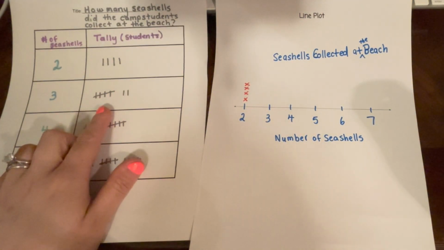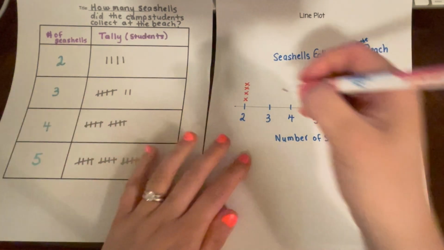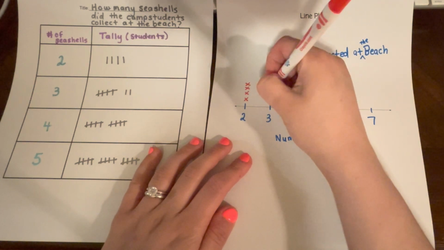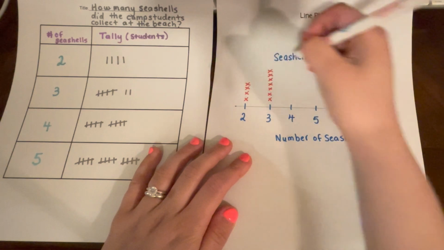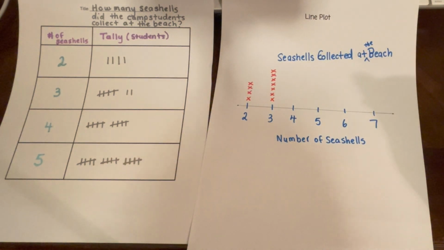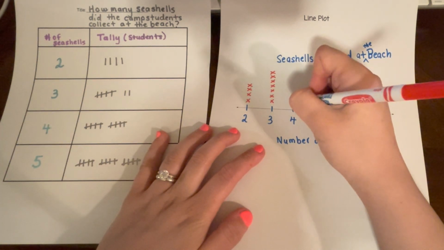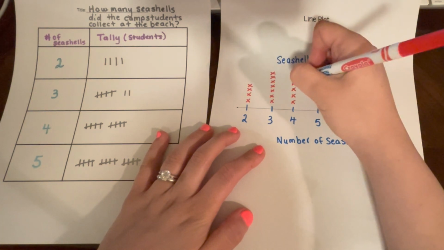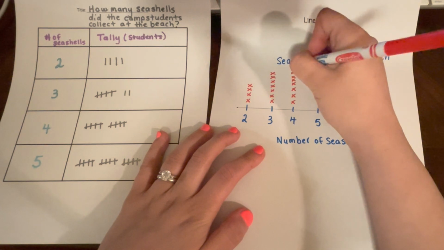Now over here I see through, 7 students collected 3 seashells. So over 3, I would put 1, 2, 3, 4, 5, 6, 7 X's. All right. Then over 4, I would have to do 10. 1, 2, 3, 4, 5, 6, 7, 8, 9, 10.